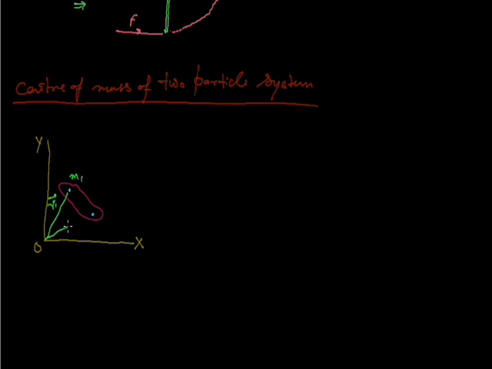The position vector of the second particle is r2, and its mass is m2. This is the displacement between these two points.